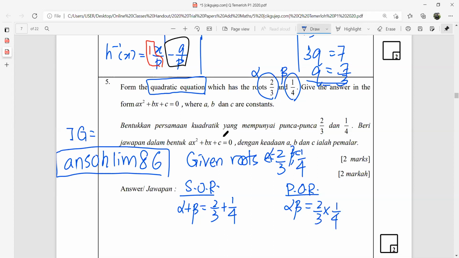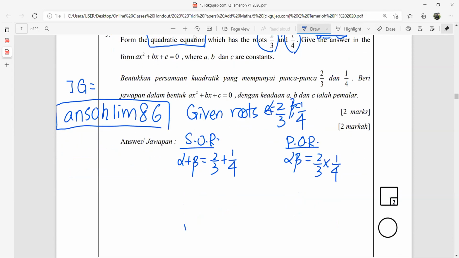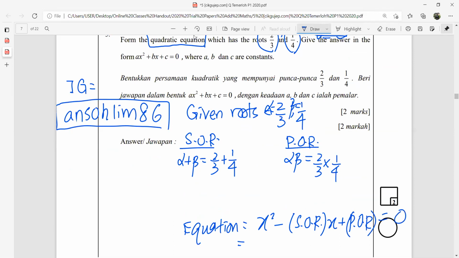Just the sum of roots. Because the formula to form the equation, at the end, you have to know the equation is what formula? x squared minus the sum of roots x plus the product of roots equals 0.